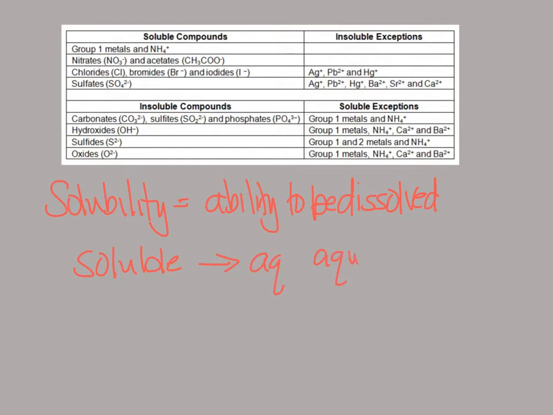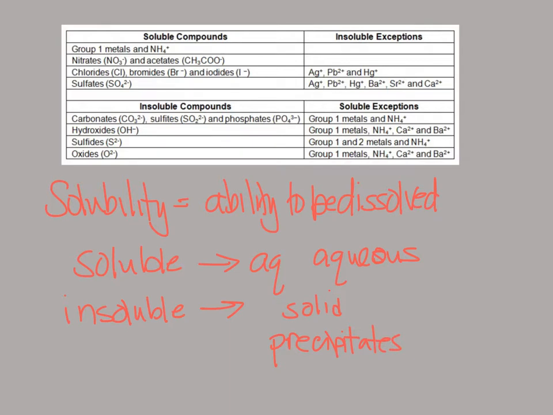Aqueous means that it dissolves in water. If it is insoluble, that means that it stays a solid, and it doesn't become a solution. It precipitates out. So another word you're going to hear is precipitate.